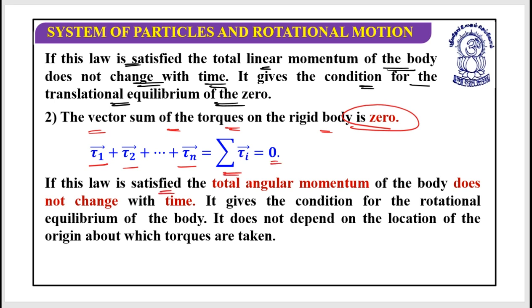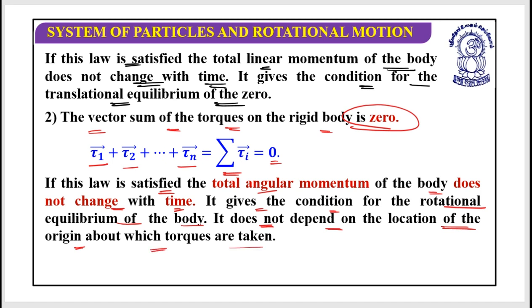If this law is satisfied, then the total angular momentum of the body does not change with time, and this gives the condition for the rotational equilibrium of the body, and it does not depend on the location of the origin about which torques are taken.